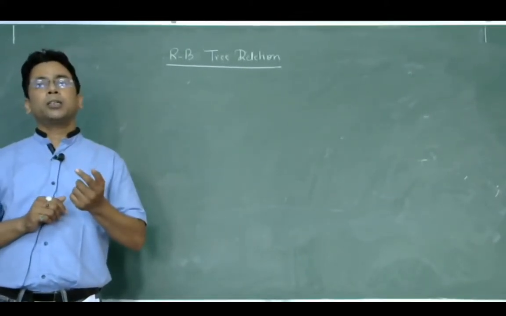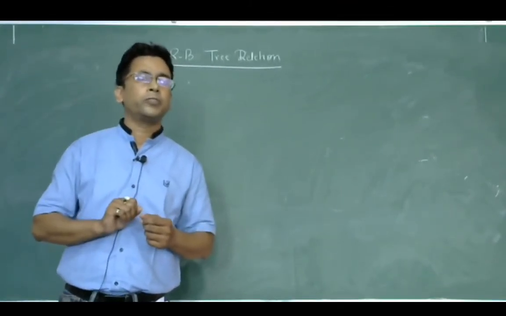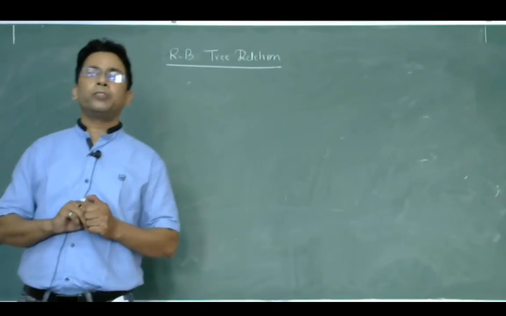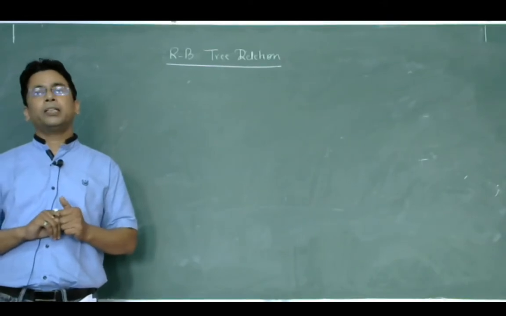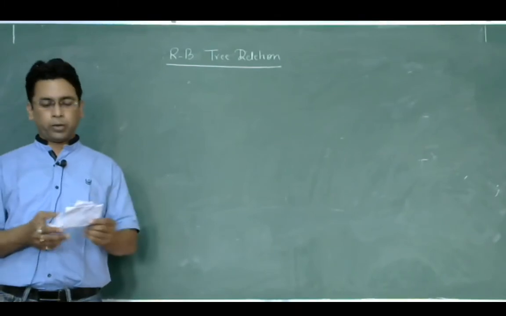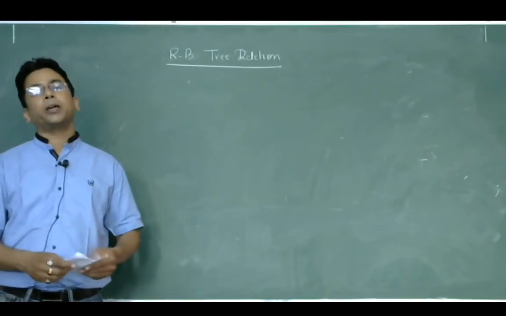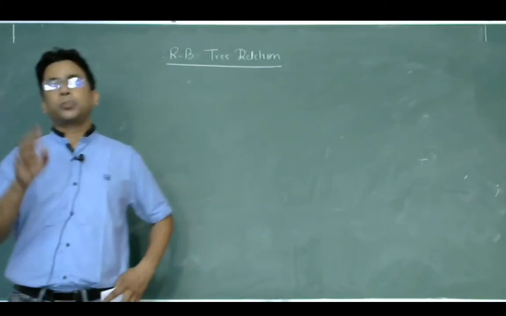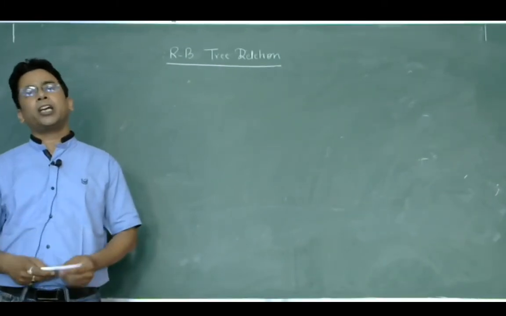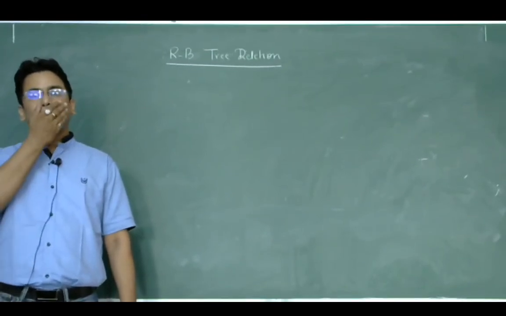After the rotation and color change, we find the new position of X. The position of X's parent has changed after rotation, and whichever element is the right child of X's parent will be the new X.